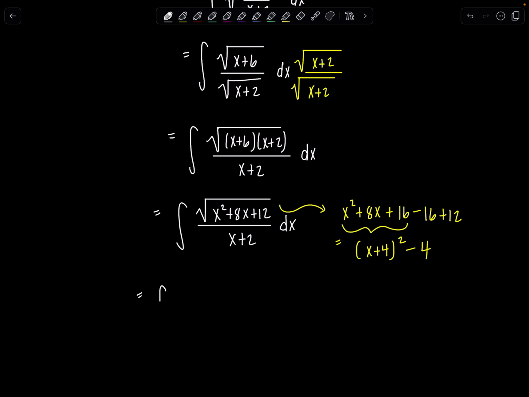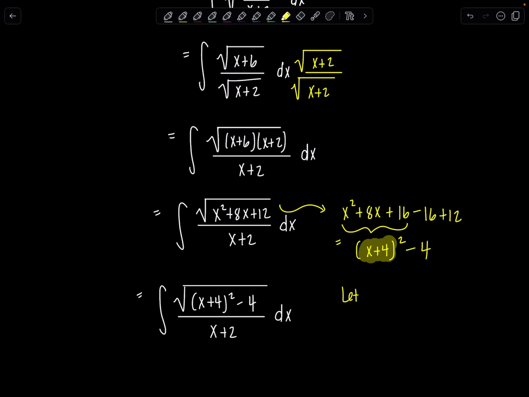Okay, fabulous. So now think back to your cases when we do trig-sub. When you have the variable quantity squared minus a constant, which substitution do you use? The one involving secant theta, that's right. So in this case, everything that's in those parentheses, I'm going to let x plus 4 equal 2 secant theta.